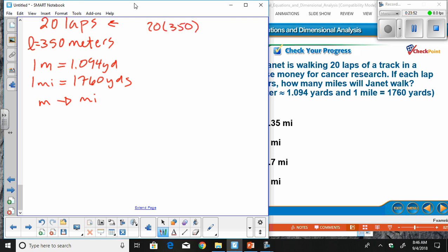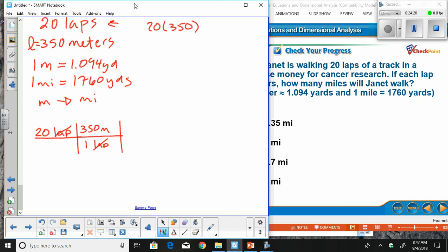So now I'm converting from laps. We could even go ahead and write this fully out. We have 20 laps. That's where we're starting. Okay. So 1 lap. I'm doing this so that in our dimensional analysis, our units will cross out. 1 lap is equal to 350 meters.